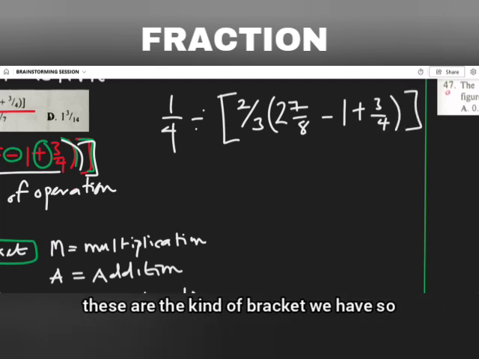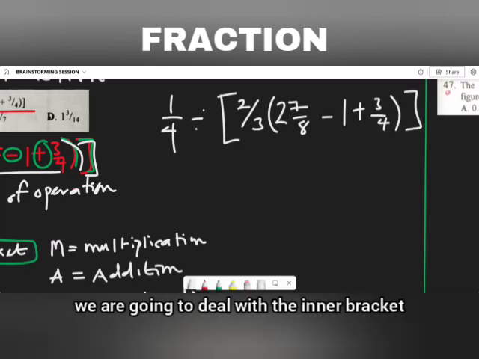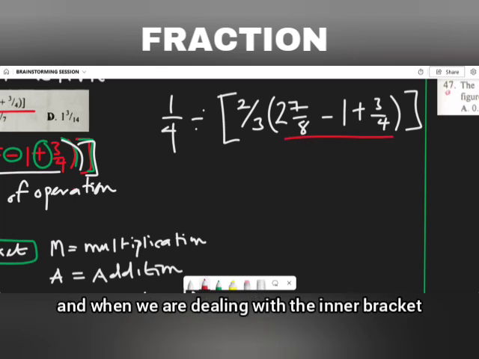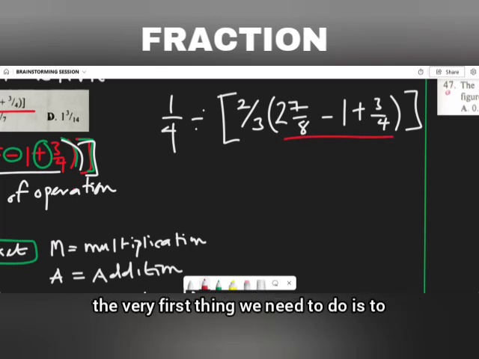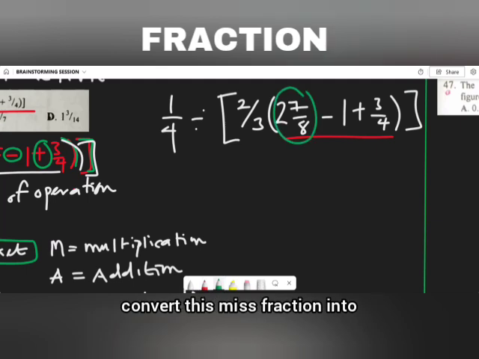These are the kind of bracket we have. So we are going to deal with the inner bracket. The very first thing we need to do is to convert this mixed fraction into an improper fraction. Then look for a way to bring the addition first before the subtraction. Now let's look at it.